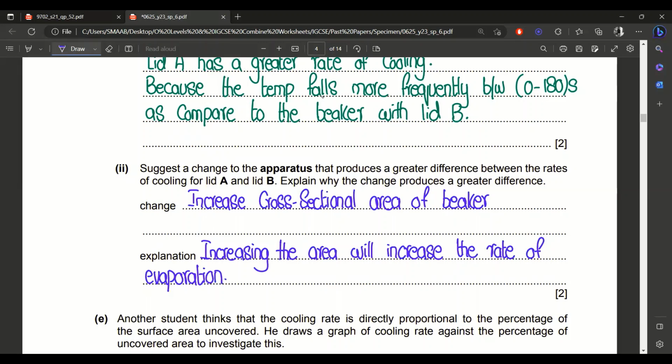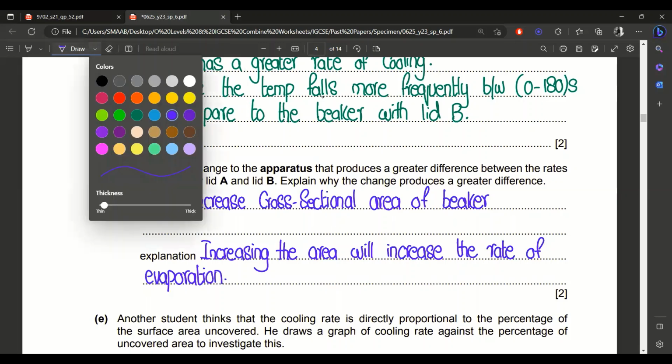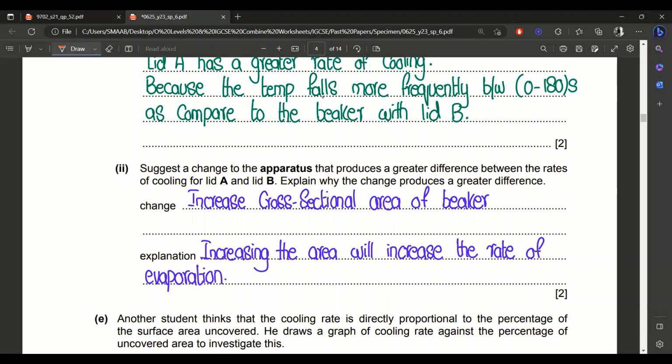And further, you may write that either we use a thick lid, let's suppose. You may also check the marking scheme, which will help you to know about some other factors. So one of them is a thick lid.